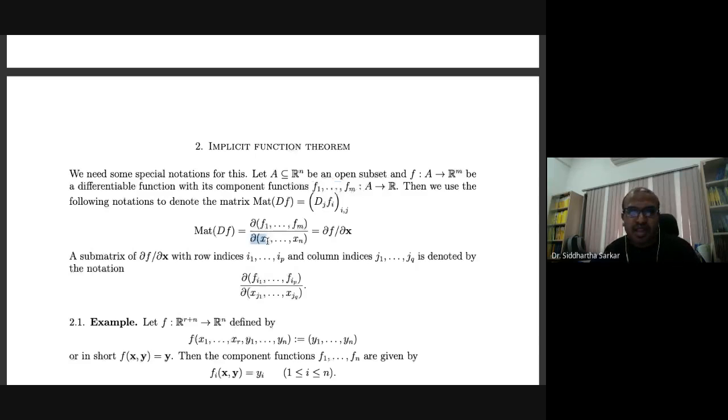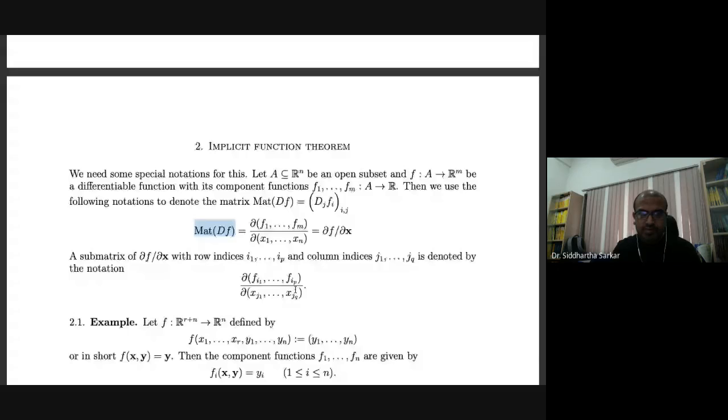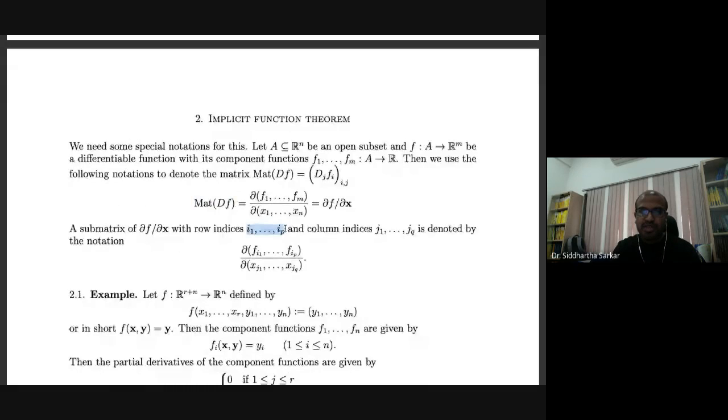The reason being, I might try to think of not taking all possible component functions, selecting some of them, and not all variables, selecting some of them. So what I end up getting is certain rows and columns of this full matrix mat of df, that I might choose. So instead I take the i1 to ipth indices for the functions and j1 to jqth indices for the variables.